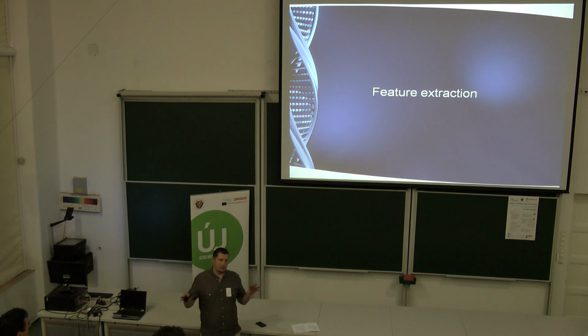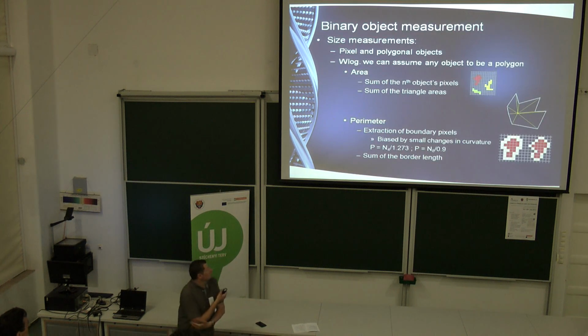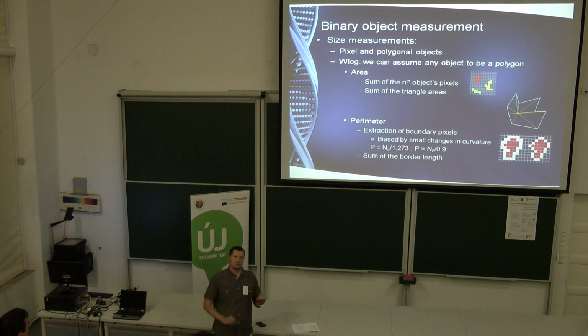Assume now we have objects. I would like to get numbers out of the objects. Maybe the easiest way to get numbers out is to measure the area of an object. We can think about an object as represented by pixels, but we can also represent an object by its contour, like a polygon.